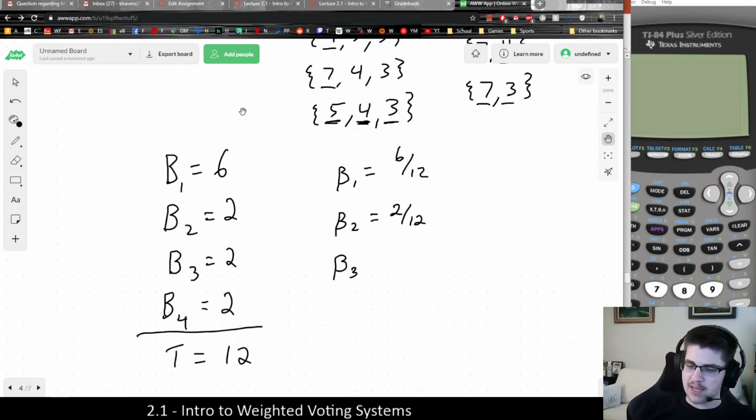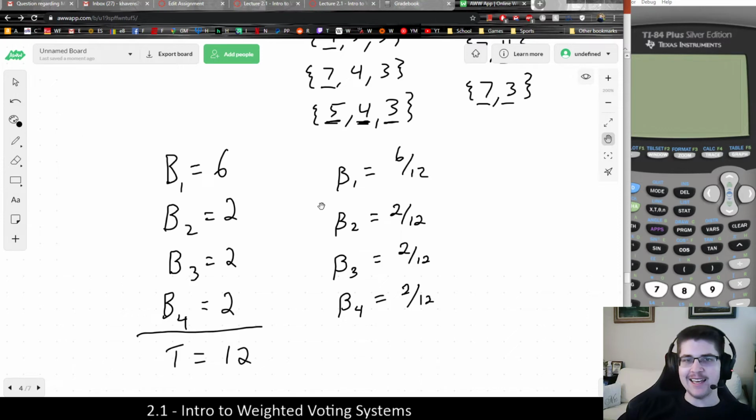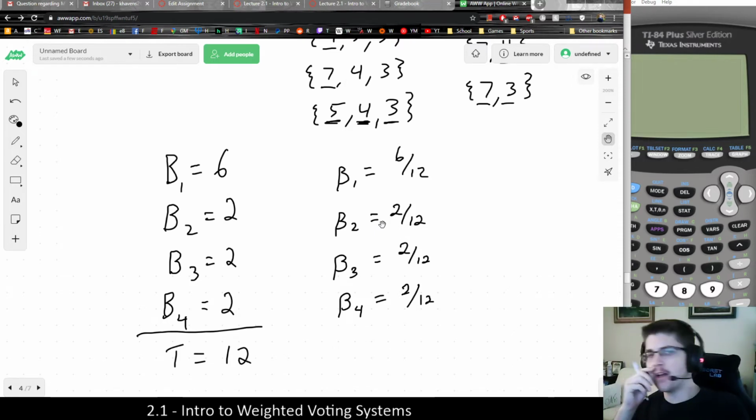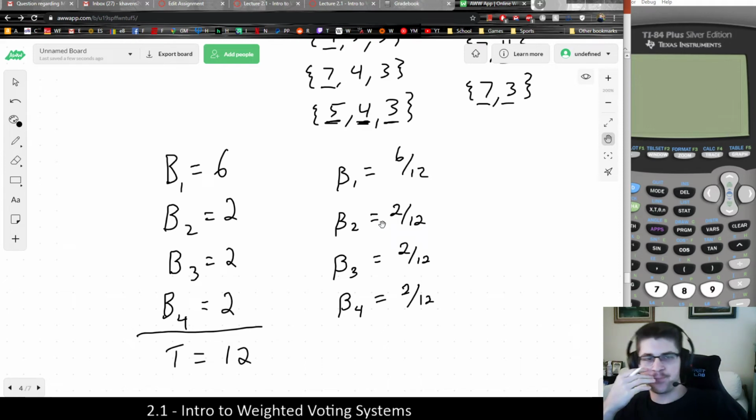And the book uses beta 1, beta 2, beta 3, and beta 4 for those quantities, as it's the Greek version of B, and the book starts to run out of letters to use for things, so that's what I surmise is why they're using beta for the Banzhaf power indices. Anyways, from here, we get an answer as fractions.